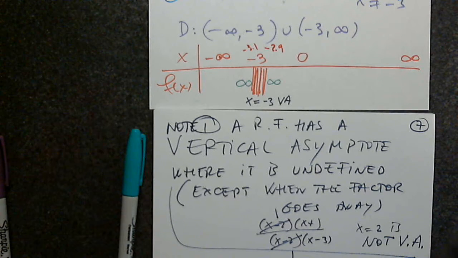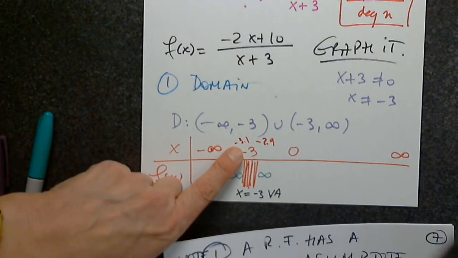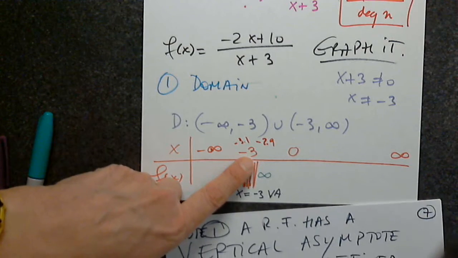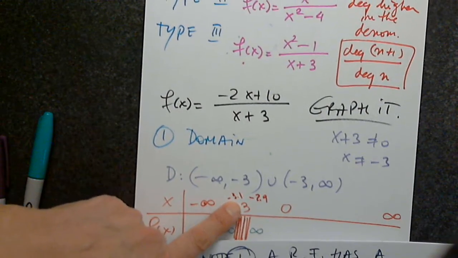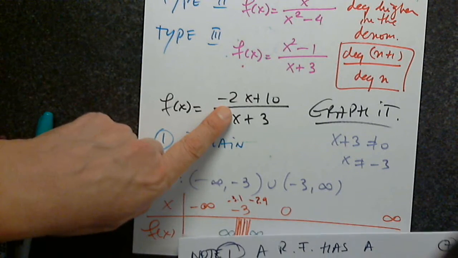I don't care for those numbers. I would use those numbers only to determine the sign. What sign? We're here. So I consider that -3.1 and -2.9 are close enough to -3. So I plug in -3.1 in the function. I don't calculate anything. I just need the sign.